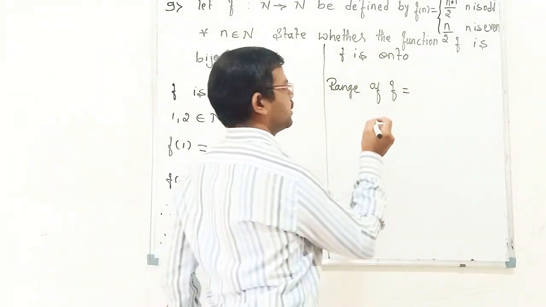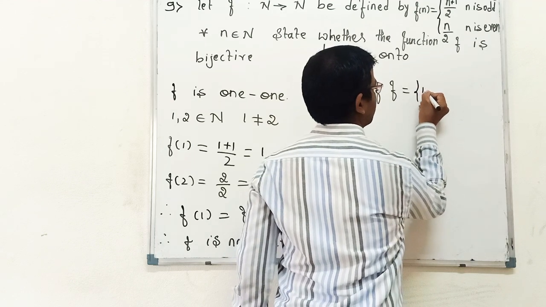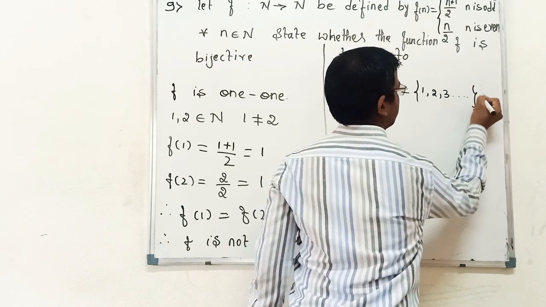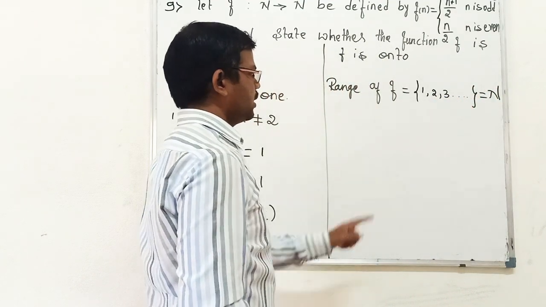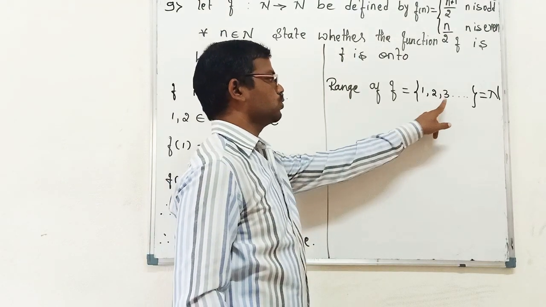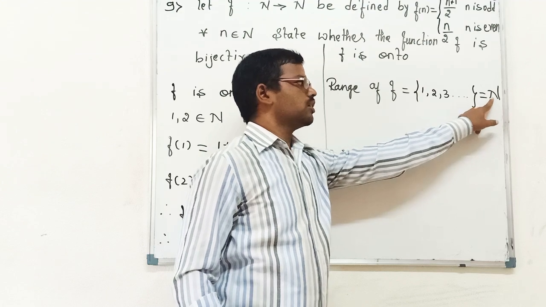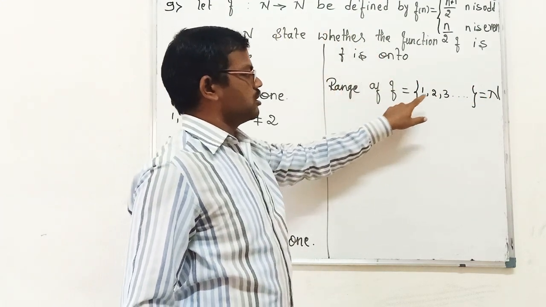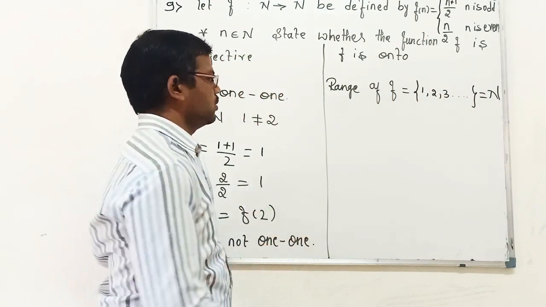So we are getting natural numbers only as images: 1, 2, 3, and so on, which is equal to the natural numbers. The range of f is 1, 2, 3, and so on, infinite, and that is the natural numbers. The natural numbers are the codomain. If the range of the function is equal to the codomain, then it is onto.